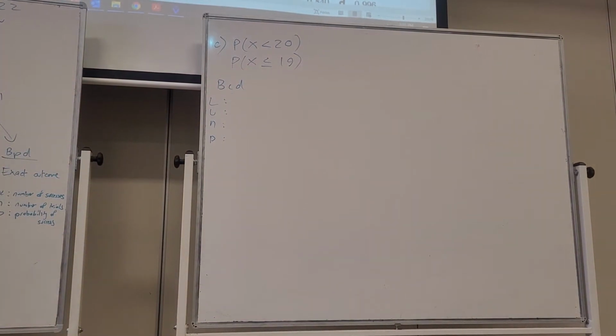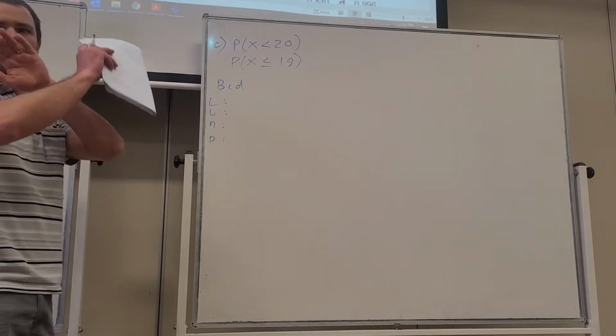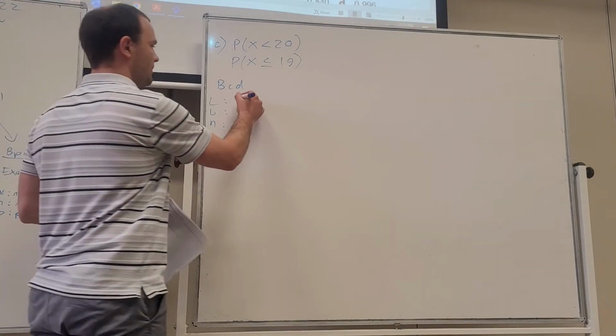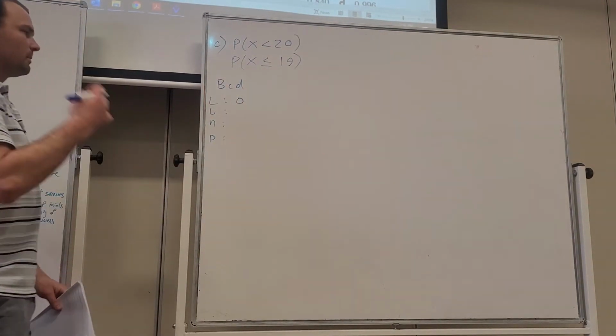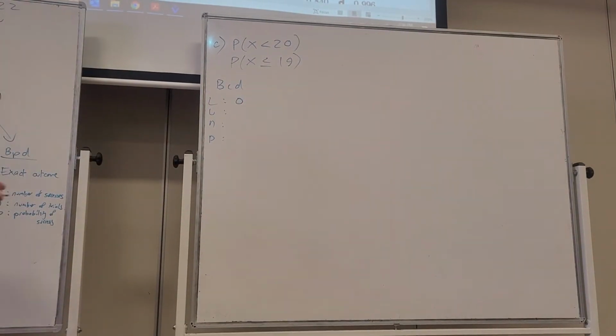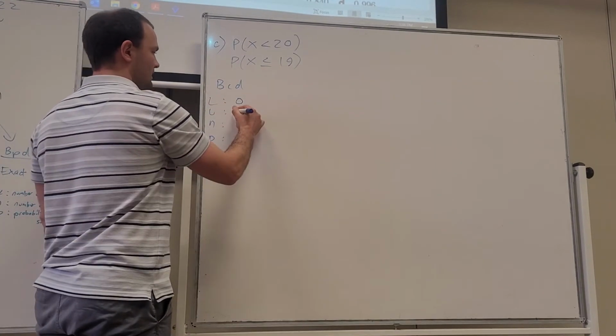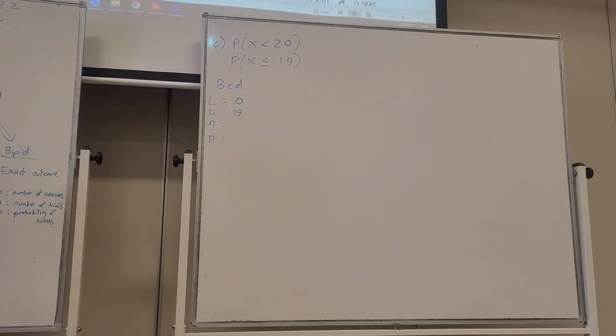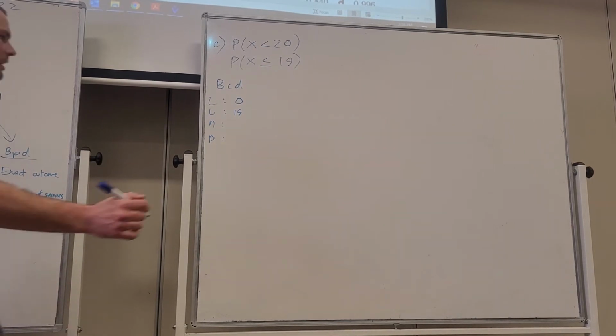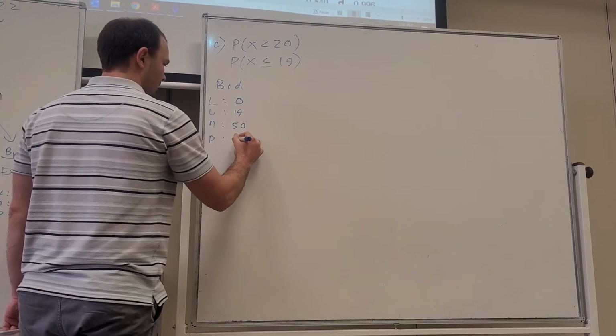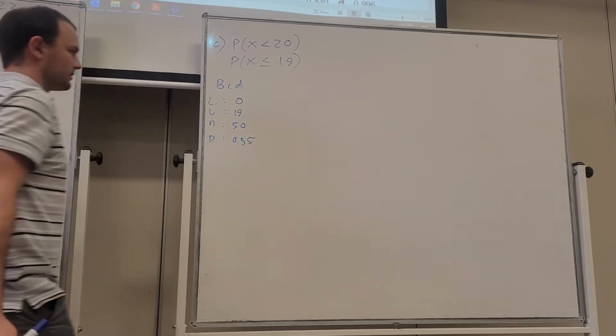It goes all the way to 0, because you could have this ideal crate of apples where none of them are rotten. So our lower boundary is 0. We're saying it could be 0 that are rotten, and our upper boundary is 19. That's as far as we're going along the scale. There are 50 apples in the crate, and the probability of it being rotten is 0.35.